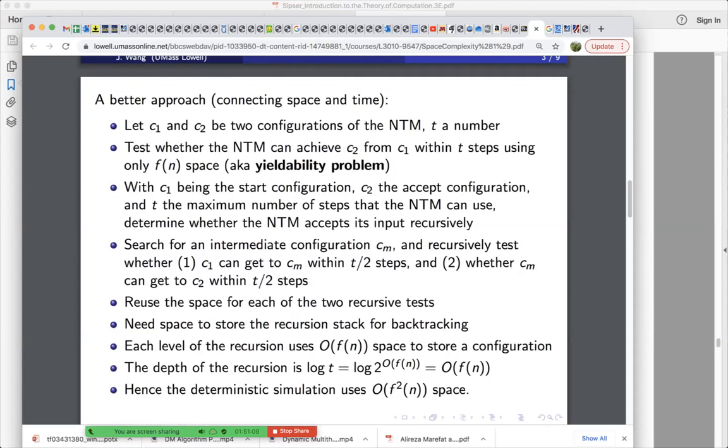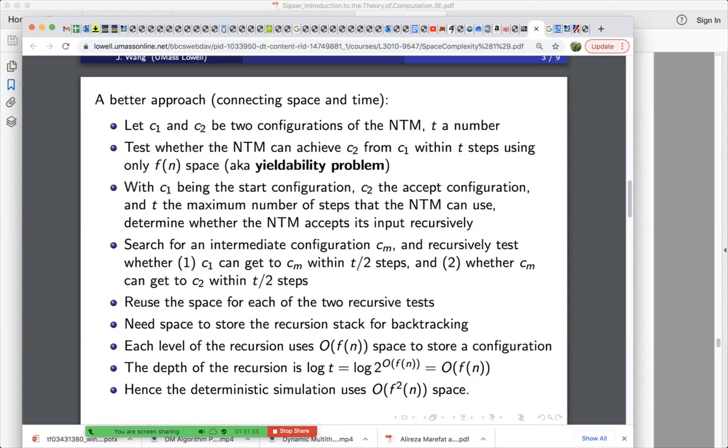Let's first look at 2 configurations, because in a computation tree of a non-deterministic Turing machine, it moves from one configuration to the next. The only difference is that from a configuration, you may have more than one configuration you could go to. So let C1 and C2 be 2 configurations of the non-deterministic Turing machine, and T a number that indicates time, the number of steps. So let T be a time.